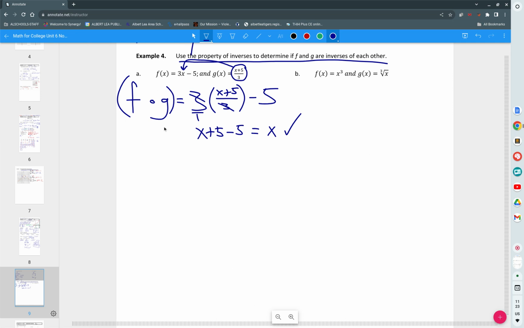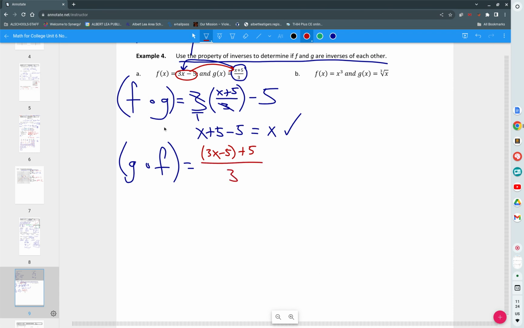Now, it's not enough to just compose it that way. We have to compose it the other way. So we're going to do g of f. You're going to take what f is right there, and you're going to drop it in for x on the g function. And so you get 3x minus 5, and then notice there's a plus 5 divided by 3.